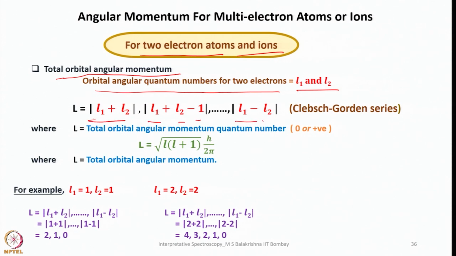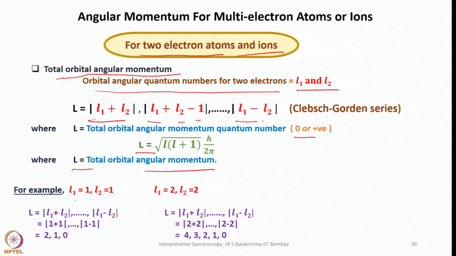This is called the Clebsch-Gordan series. Here L is the total orbital angular momentum quantum number, which can again be 0 or positive, as defined earlier. And we also know that the magnitude is square root of L into L plus 1 into h over 2 pi.